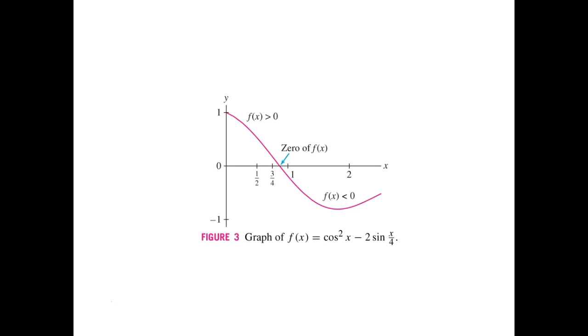Show that the function f of x equals cosine squared x minus 2 sine pi x over 4 has a 0 in 0 to 2. Okay? Between 0 and 2, show that this function has a 0.